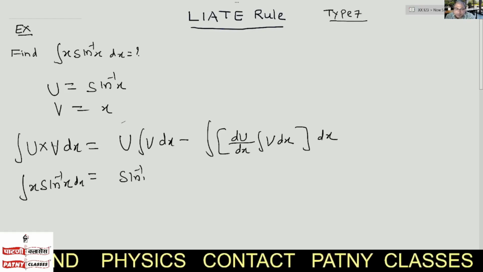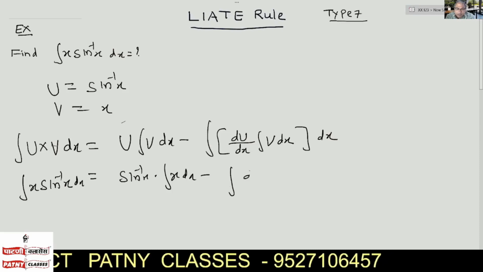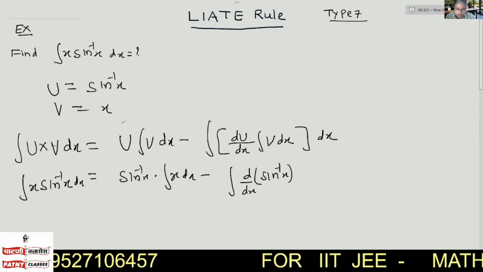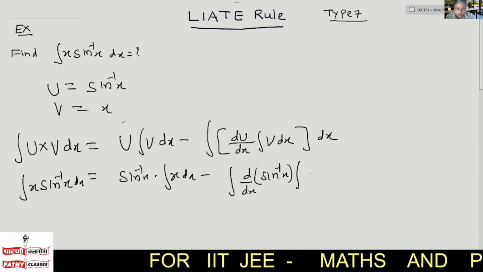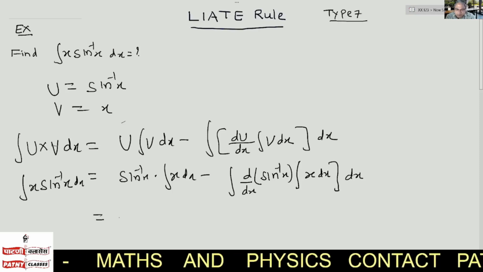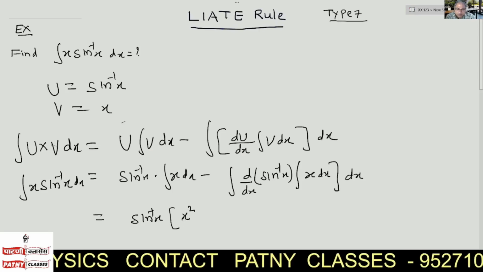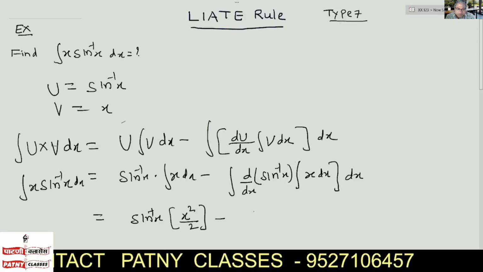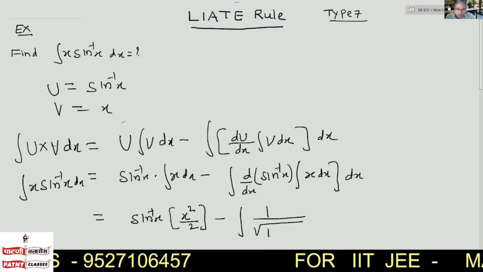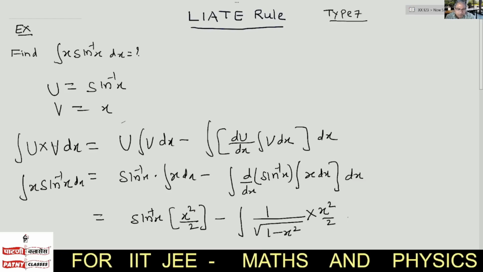So sin inverse x into integration of x dx minus differentiation of sin inverse x with respect to x integration of x dx with respect to x equals sin inverse x, integration of x is x square by 2, minus derivative of sin inverse x is 1 upon under root of 1 minus x square, and integration of x is x square by 2 with respect to x.